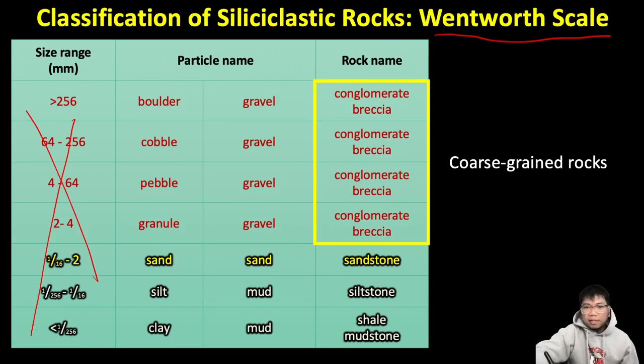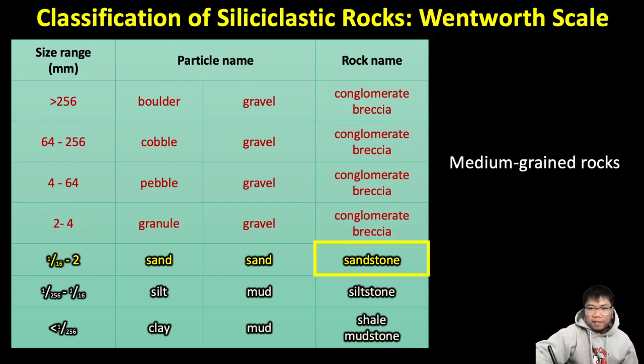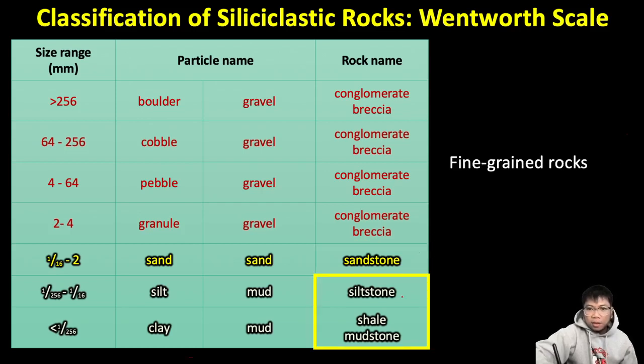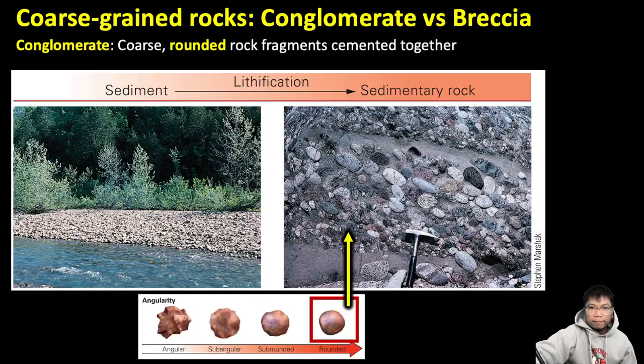So for example, this yellow box indicates coarse grain rocks consisting of either conglomerate or breccia. The next one is sandstone, which represents medium grain rocks. And the last one, we have siltstone, shale, and mudstone, and they all represent fine grain sedimentary rocks.